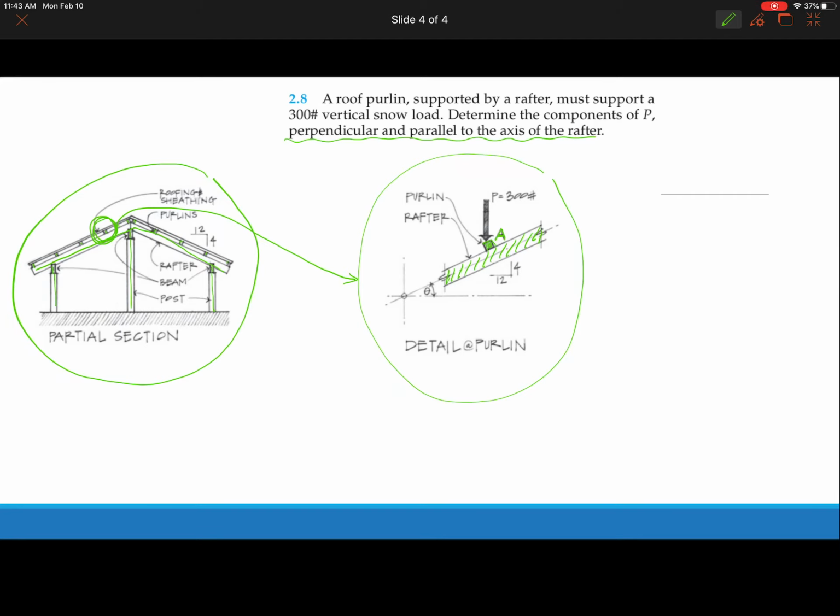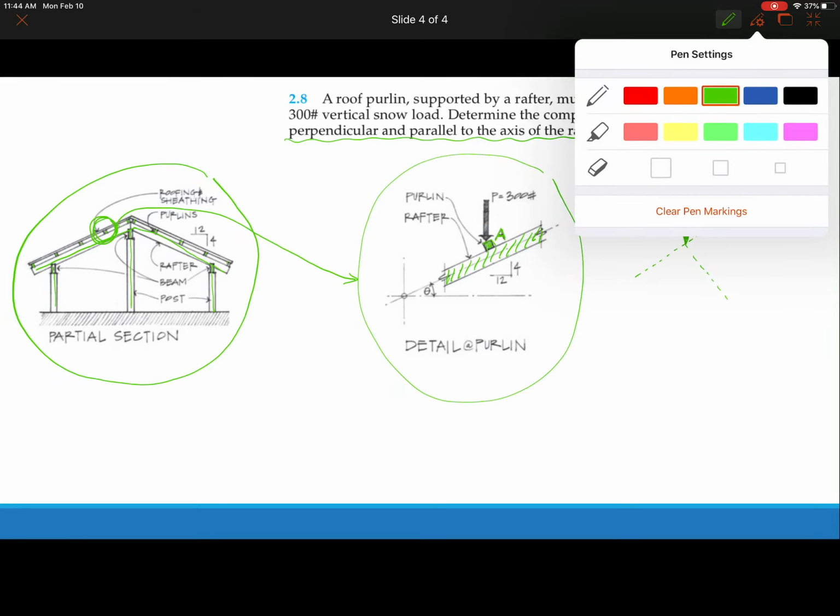That's where we said sometimes your x-axis should be an angled line rather than a horizontal line. So first, let's set up this Cartesian system. This is the new x, parallel to this rafter, and another one is y. You have the force going downward like that, which is P, 300 pounds.